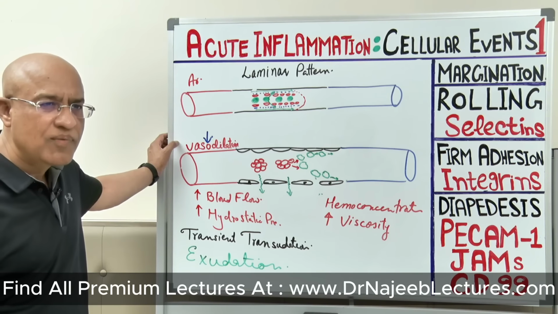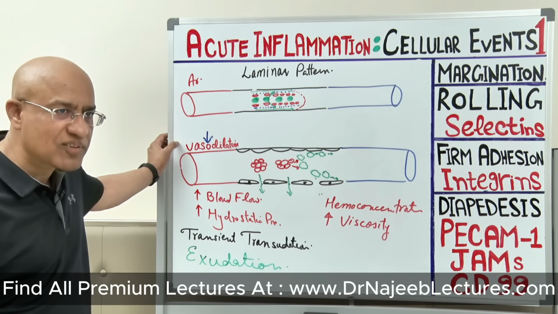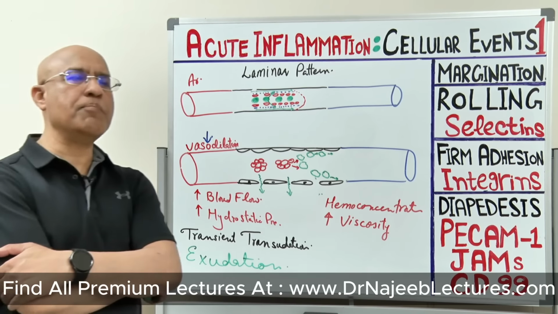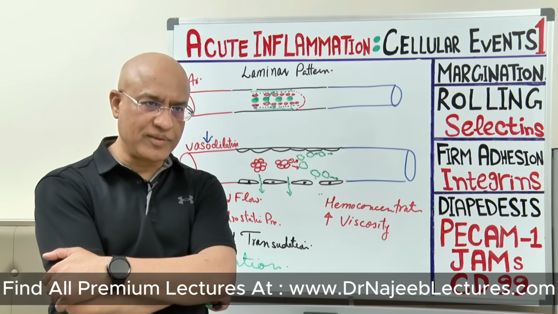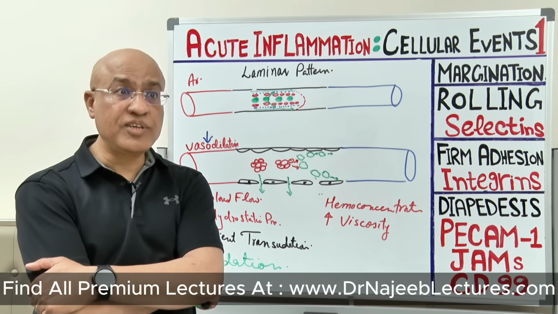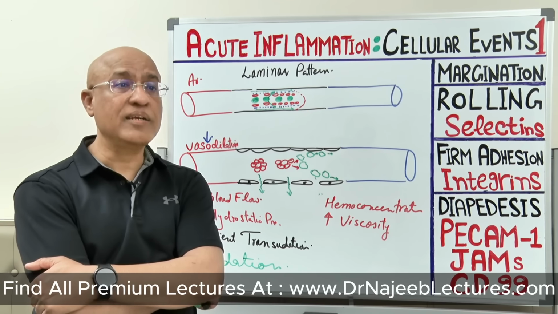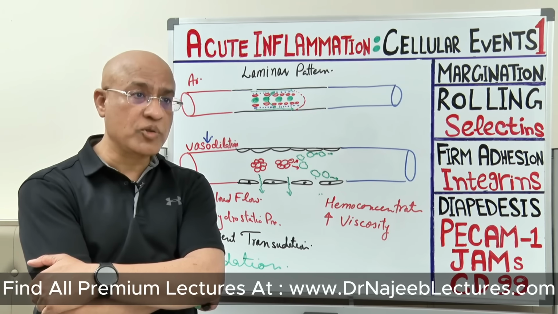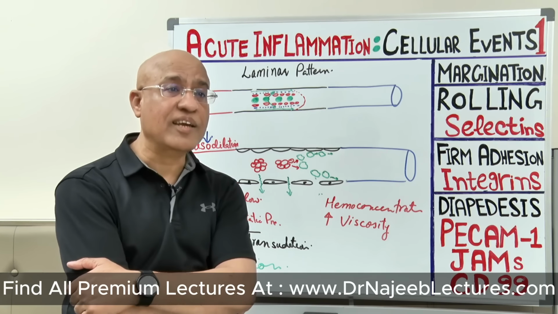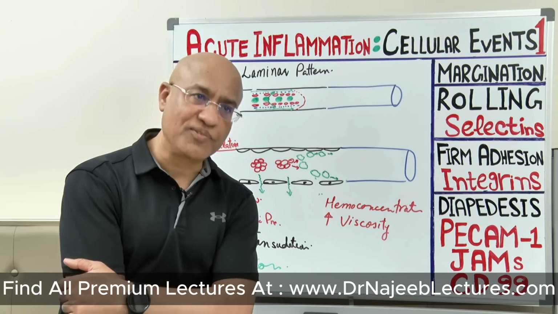Histamine coming from the granules of mast cells in the injured area. Then from the cell membrane lipids of mast cells, resident macrophages, injured cells and even endothelial cells, there is production of prostaglandins and prostacyclins and platelet activating factor.